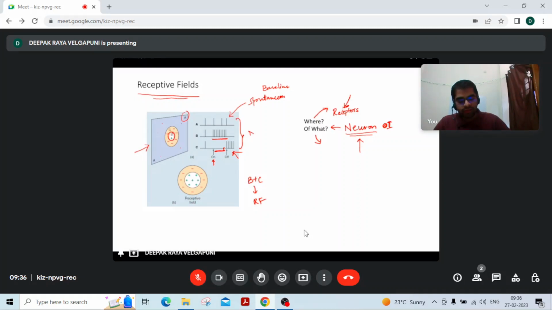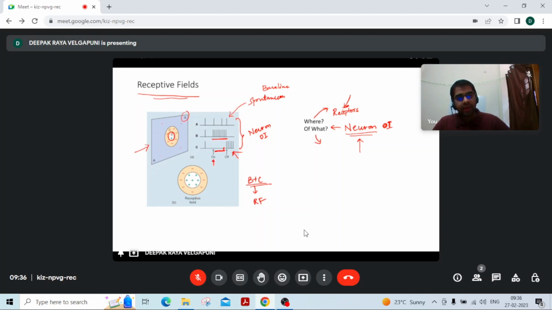These signals are from a neuron of your interest, and this area B plus C forms the receptive field of this neuron. This area is defined on the receptors. For example, you can define a receptive field for a neuron connected to the rods or cones. So this forms a receptive field.